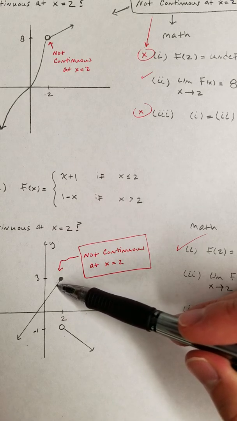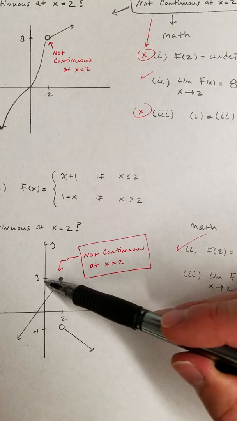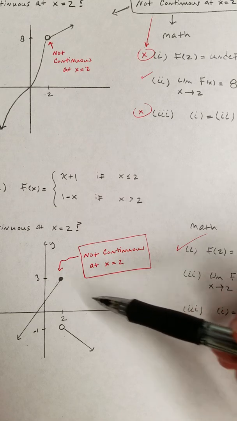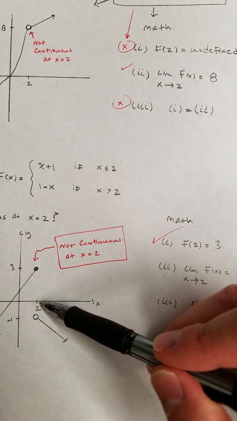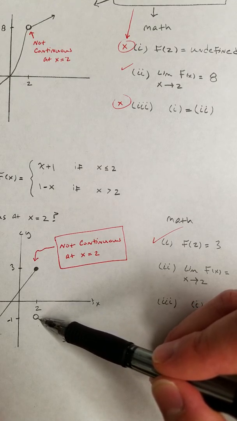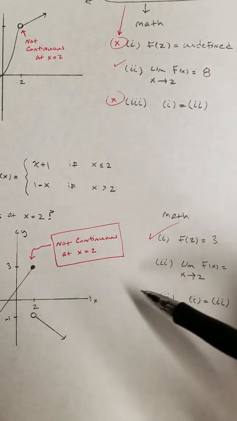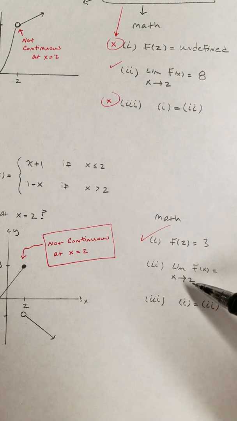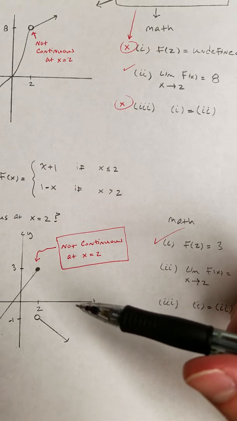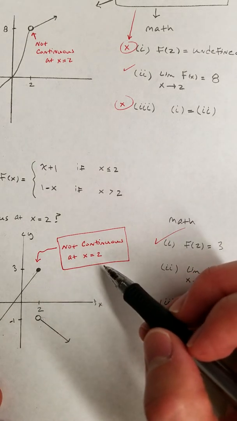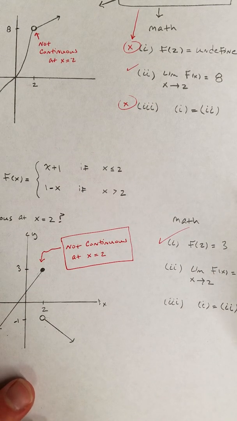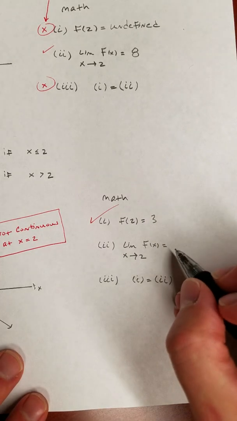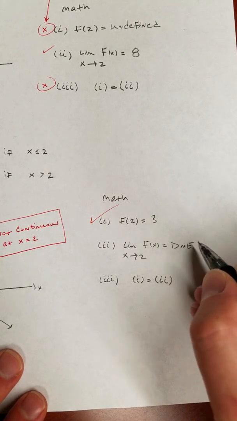You're going to get whatever those y values are, which look like they're about 2.9 or slightly less than 3. What about on the other side? What about 2.1 or 2.01? What about these numbers that are close to 2? Well, they're going to give you those y's, and they're negative 1. So putting the x close to 2 is not going to put the y close to any one particular number. If we made a table, the y's wouldn't be meeting in the middle, converging on the same point. So this is the kind of example where we say the limit doesn't exist.